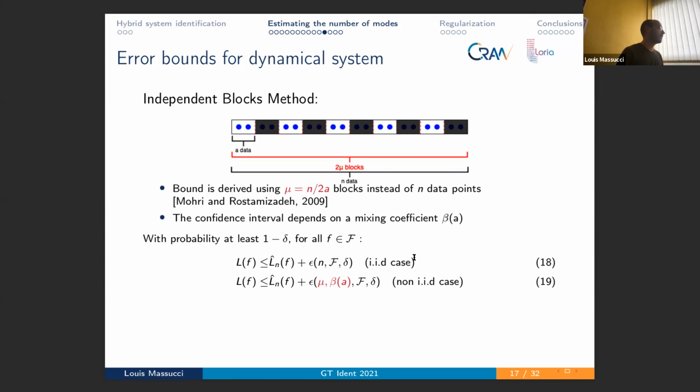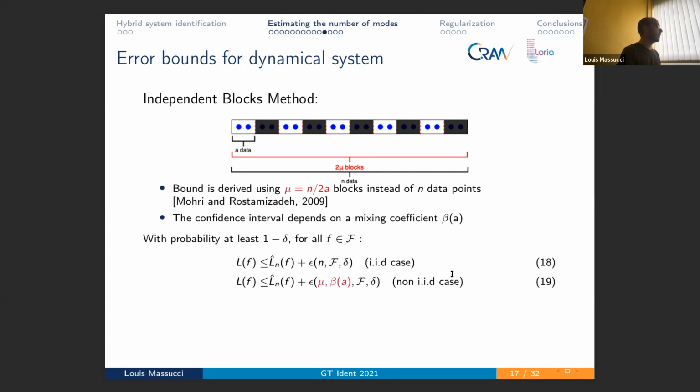We have a bound in the IID case where the confidence interval depends on the n data points, and you have another bound in the non-IID case, and here the confidence interval depends on the mu blocks that I just introduced before and the mixing coefficient beta of a.